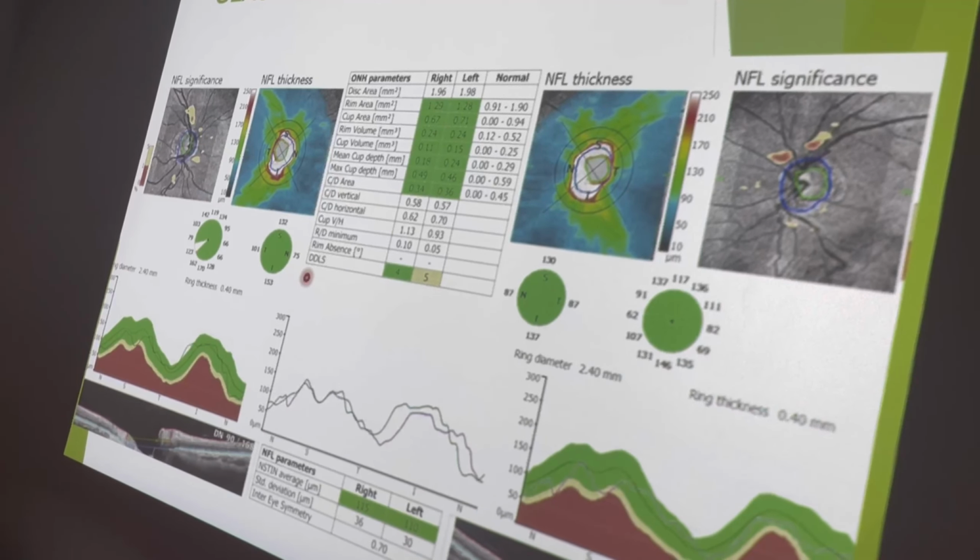Right eye has 0.7 cupping, left eye 0.4. She had thin corneas with CCTs of 458 and 454. Her visual fields are normal, but OCT shows thinning. Here, inferior RNFL thinning in the right eye and superior RNFL thinning in the left eye.